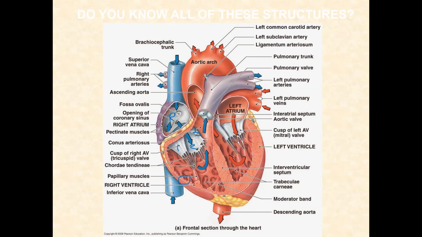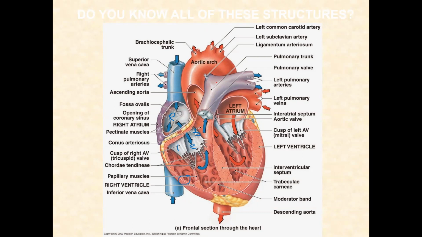Now, also remember, pulmonary arteries are special. They are the only arteries in the body that carry deoxygenated blood, right? All other arteries in the body carry oxygenated blood. That said, all arteries carry blood away from the heart.